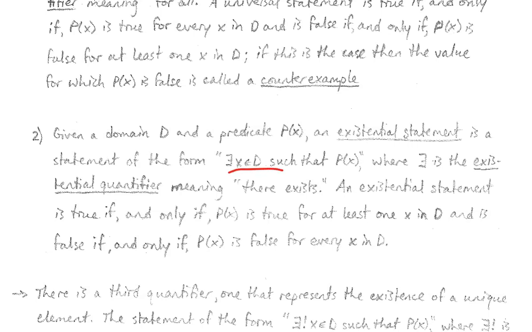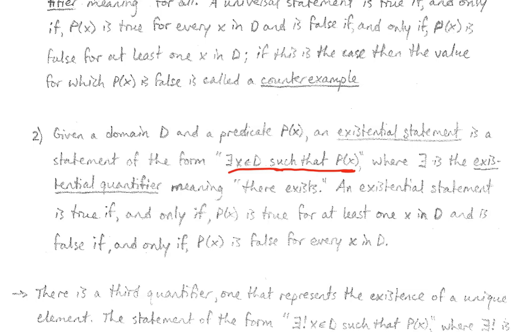So how this is reading right here is there exists, or there is, an x value in my domain D such that capital P of x is true. An existential statement is true if and only if P of x is true for at least one x value in the domain capital D.